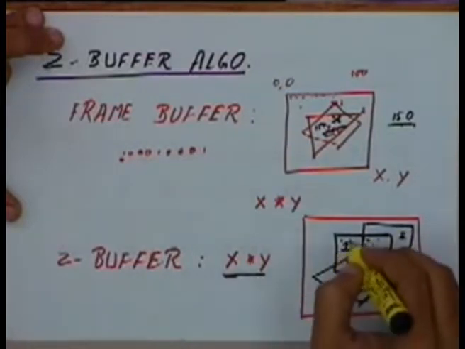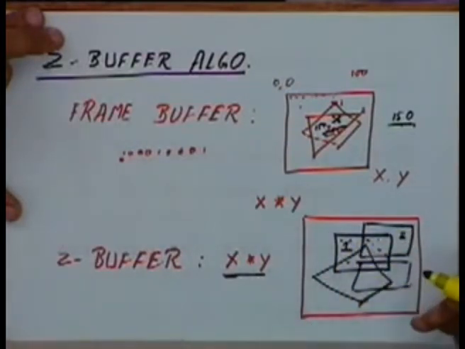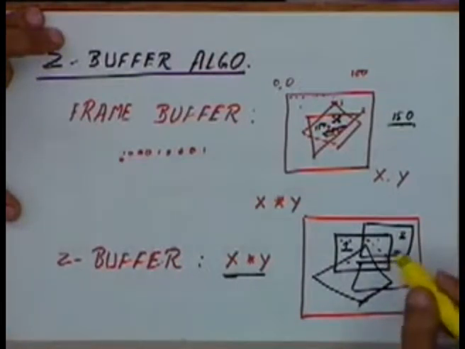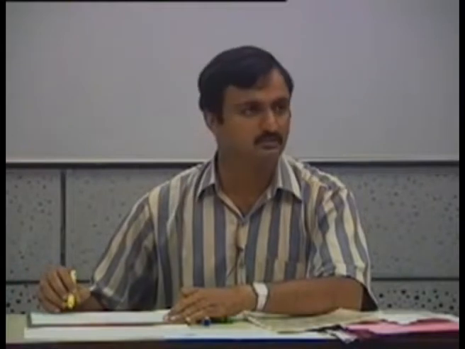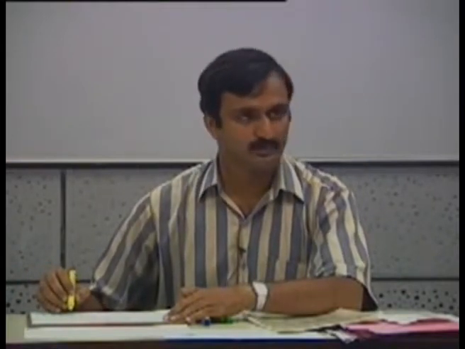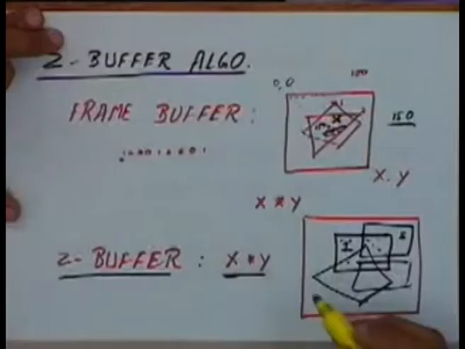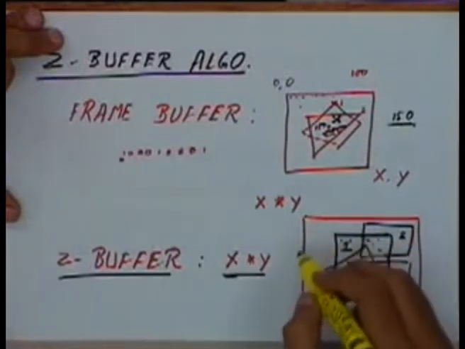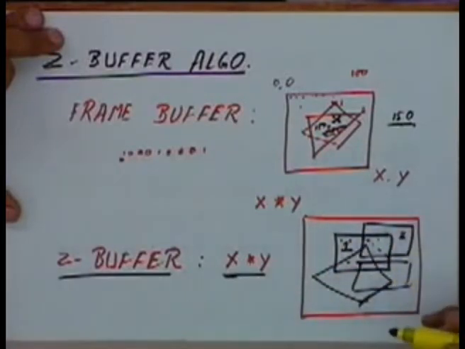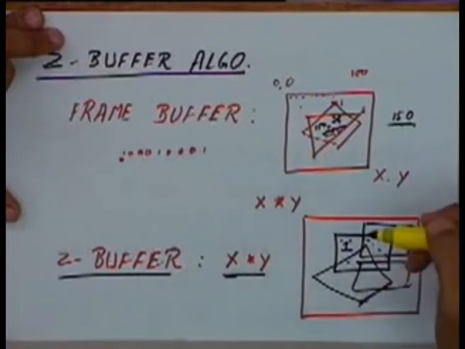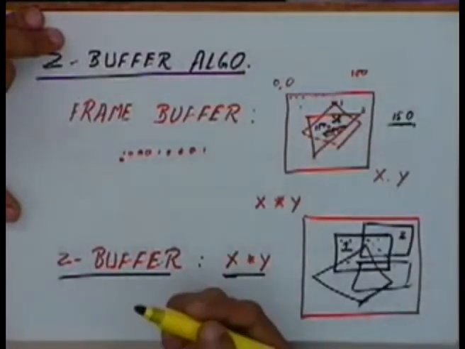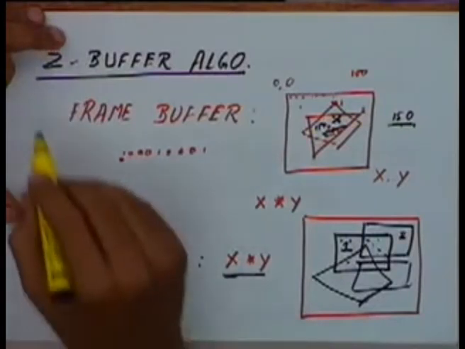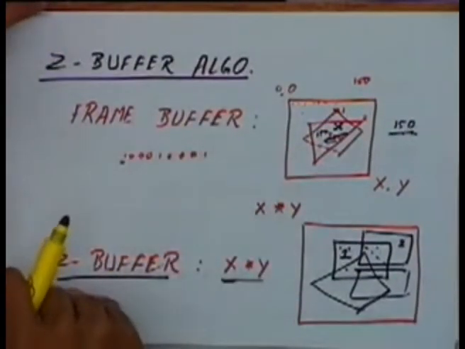Effectively that means that each pixel would have decided which polygon is being displayed. So this way, by scan converting each polygon one by one and maintaining a z buffer, we are able to remove the hidden lines and display only those polygons which are closer to the eye. This algorithm is called the z buffer algorithm.